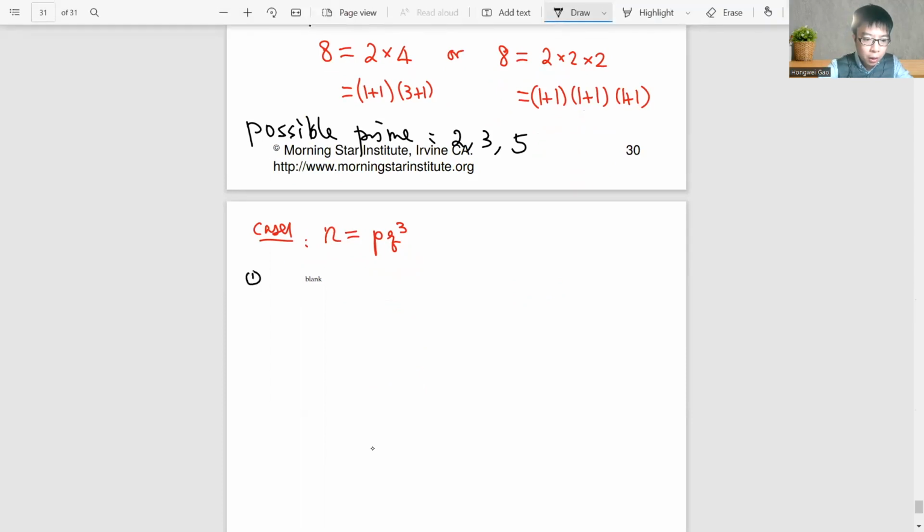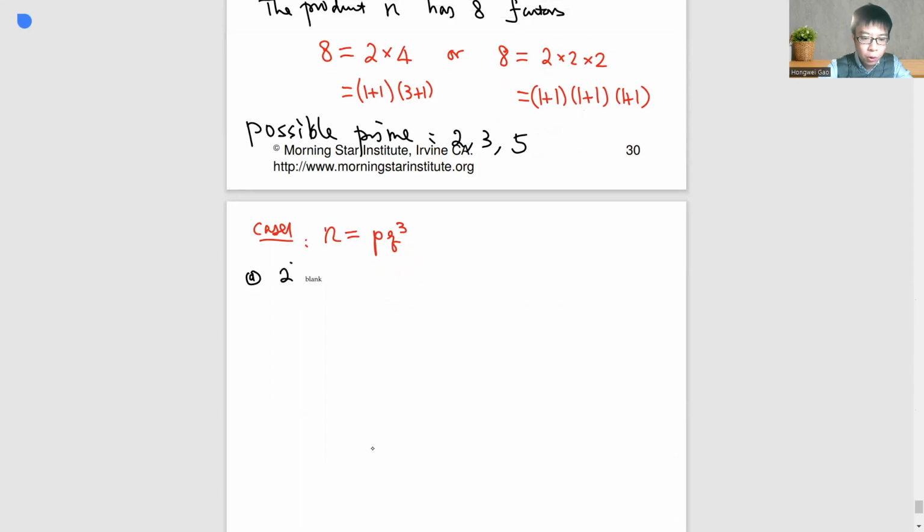Case A is 2 cubed times 3. Case B is 2 cubed times 5. Case C is 3 cubed times 2. We cannot have 5 cubed, otherwise every number would have to be 5, but that's not our case. So we only have these 3 cases.